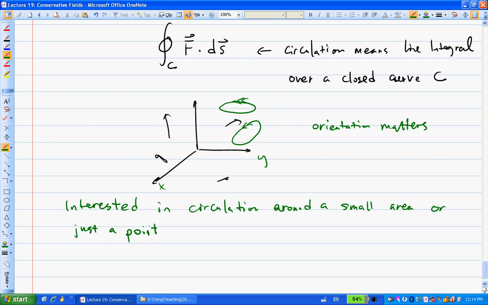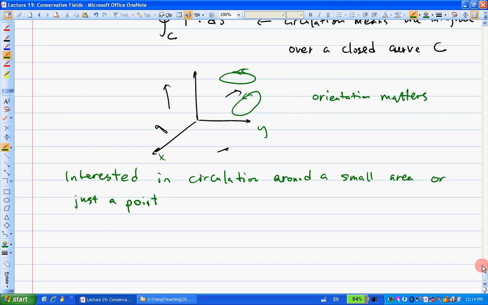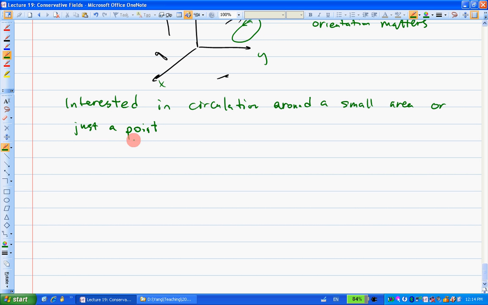In this particular case, this brings us to the next concept called circulation density. Yeah, I guess maybe I was recalling my dentist appointment. So this brings us to circulation density.